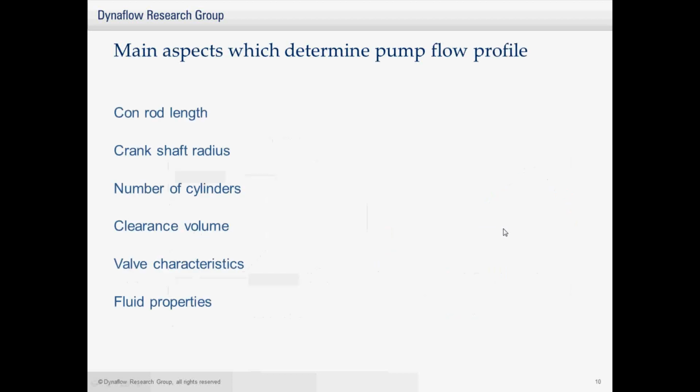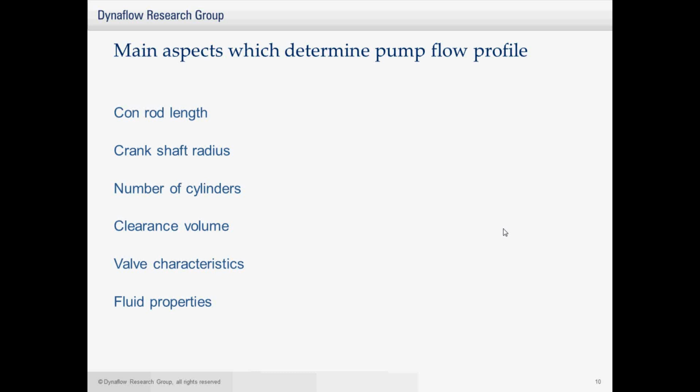So what aspects determine the pump flow profile? We just saw a sharp opening or closing characteristic of the valve on the suction and discharge side, which accounted for additional volume in the cylinder head, also called clearance volume.